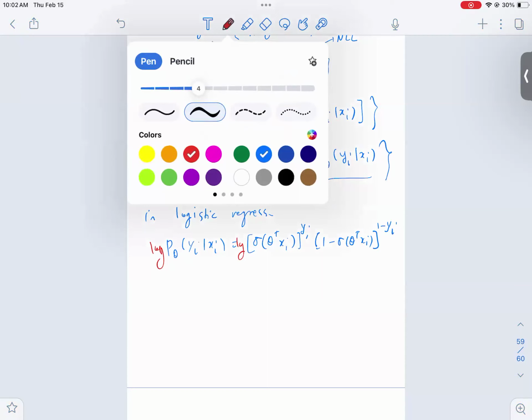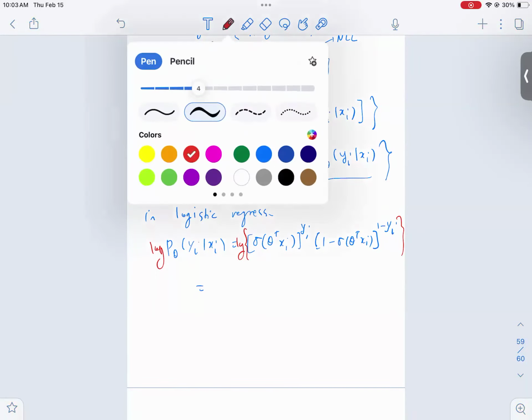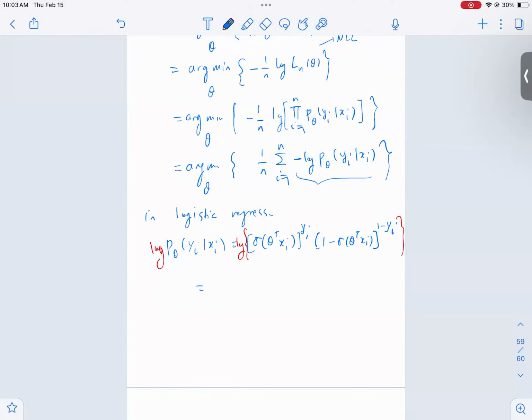So what would happen here? The log breaks up the products and then the exponents come down outside. Maybe someone can tell me what will happen here. Sorry, log sigma theta.